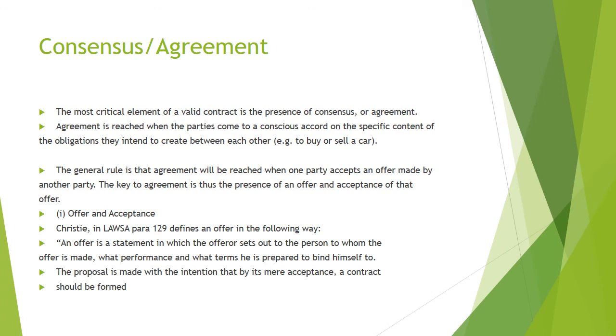So, ladies and gentlemen, in a nutshell, when we spoke about agreement, that for a contract to be valid, there must be agreement, right? And we go into detail now and say there must be an offer and an acceptance. We have an offeree, the person to whom the offer is made, what performance and what he is prepared to bind himself. Sithetha ke ngoku context yomuntu othengisa indlu.